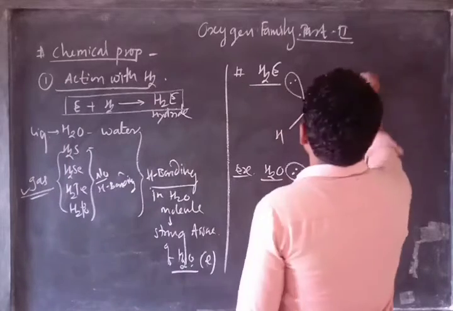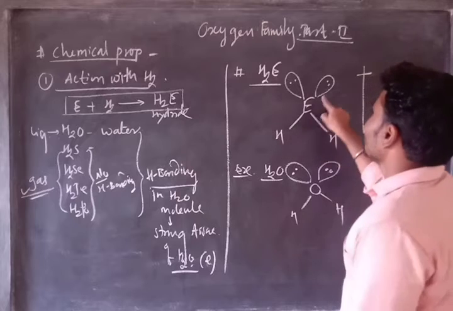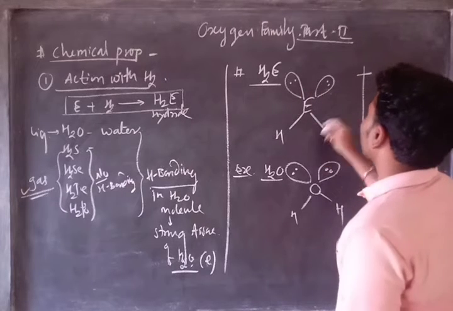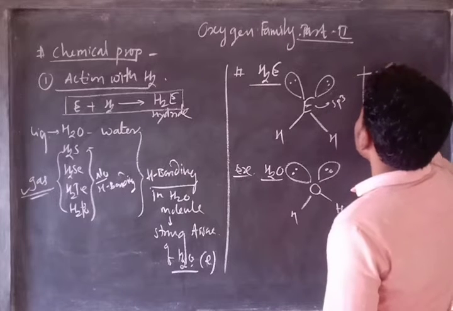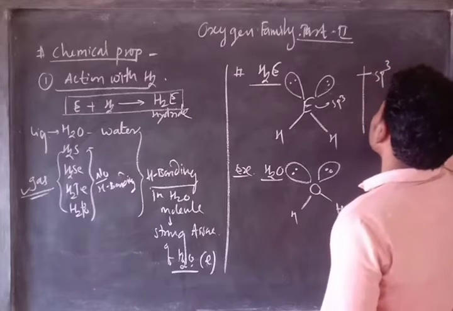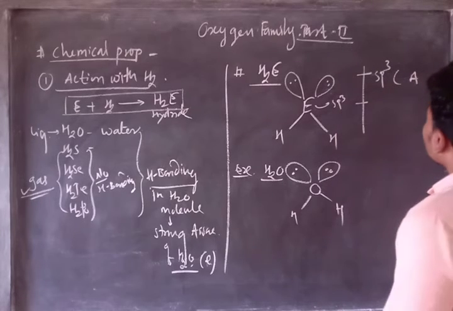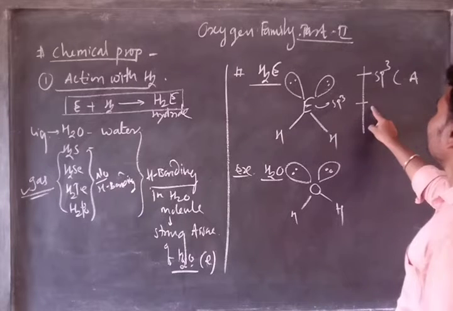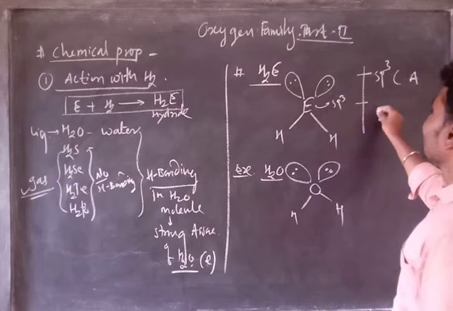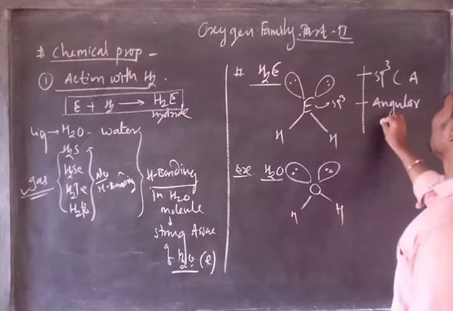If we see its geometry, the hybridization of this E, having two lone pairs and two single bonds, is nothing but sp3 hybridized. So here the central atom is sp3 hybridized. Having this hybridization, it has an angular shape.